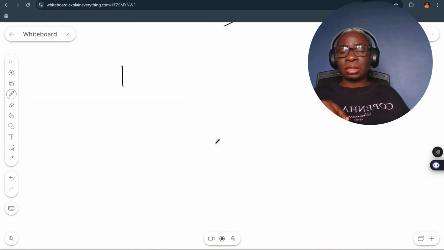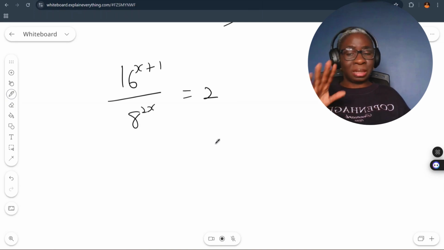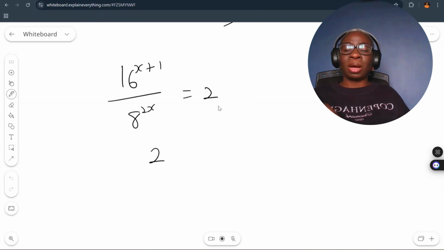Now to the fourth question. The fourth question says 16 raised power x plus 1 over 8 raised power 2x equals 2. We can express both 16 and 8 as a power of 2, so that we have 2 raised power what would give 16? 2 times 2, 4 times 2, 8 times 2, 16. That is 2 raised power 4.